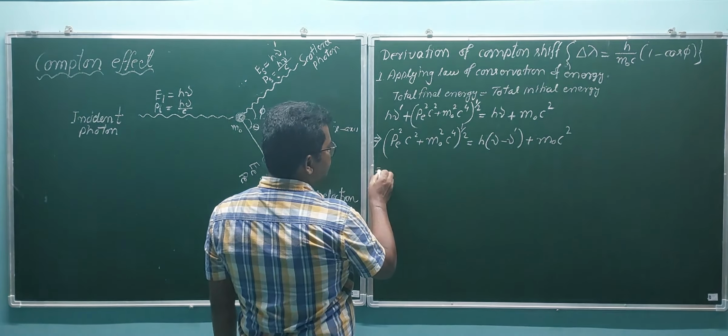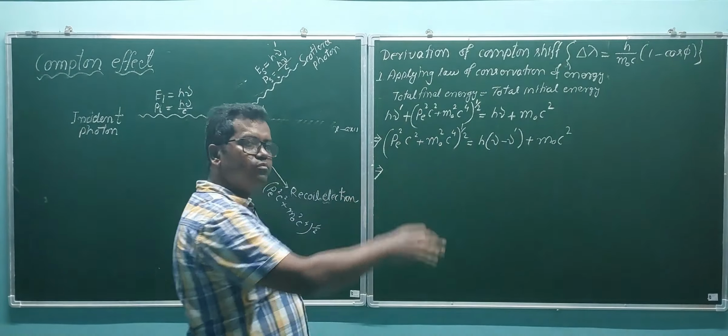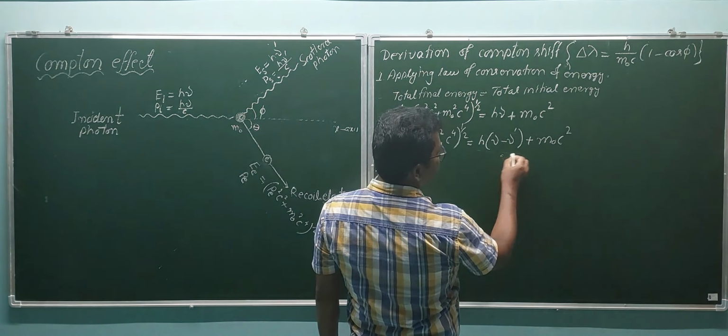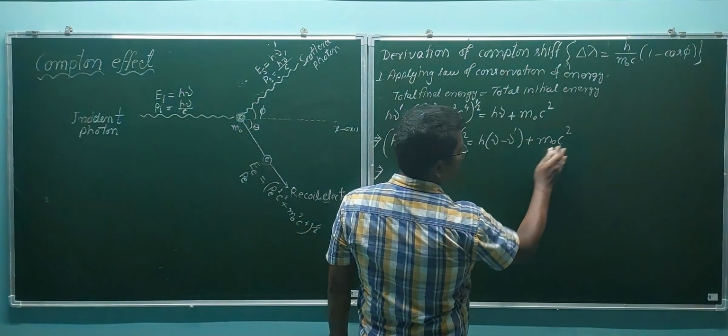Now by squaring both sides, remember this is a, this is b, a plus b whole square.